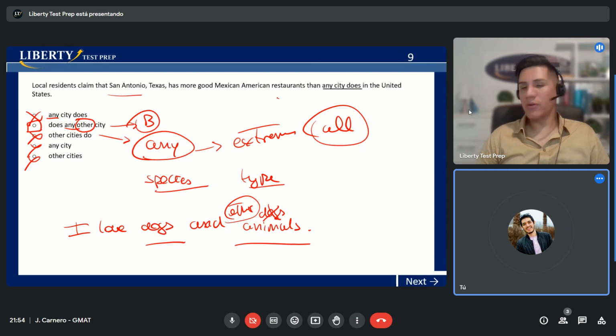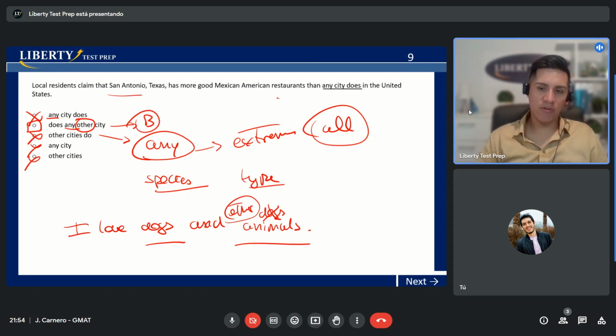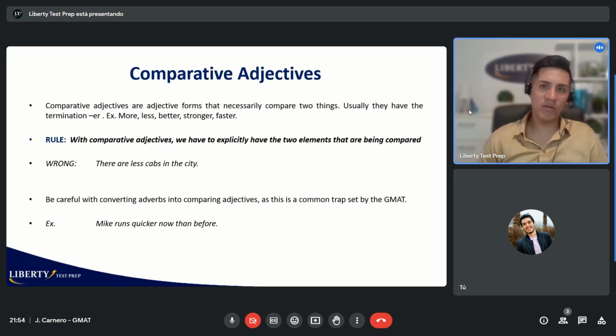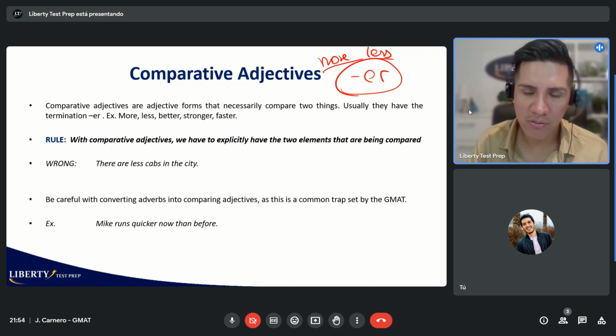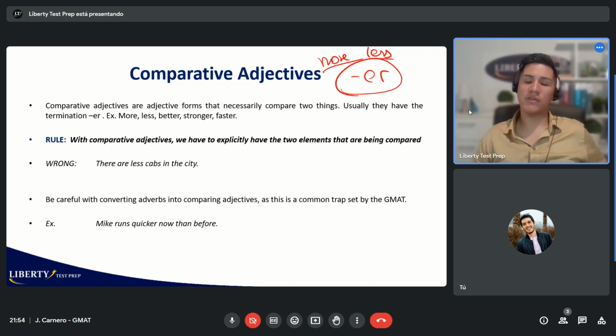Okay? Very good. So now we move on to comparative adjectives. What is a comparative adjective? A comparative adjective is a noun. I'm sorry, it's an adjective that ends with er, including more and less. So all these, more, better, shorter, taller, those are comparative adjectives.